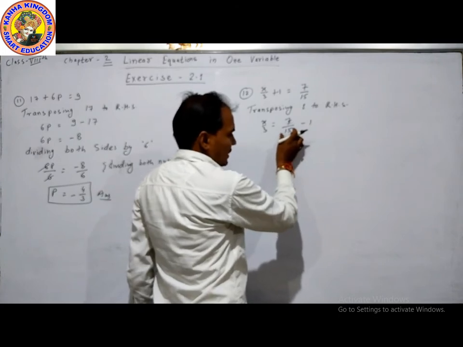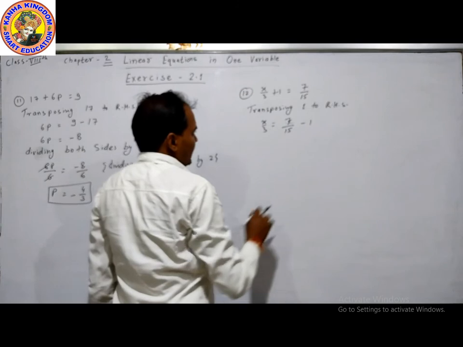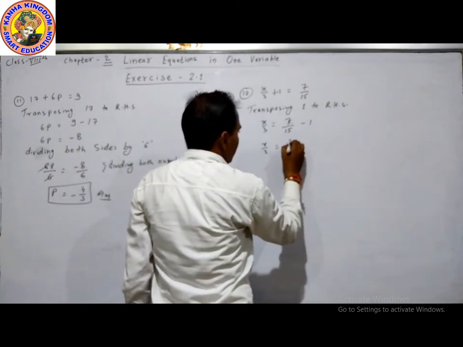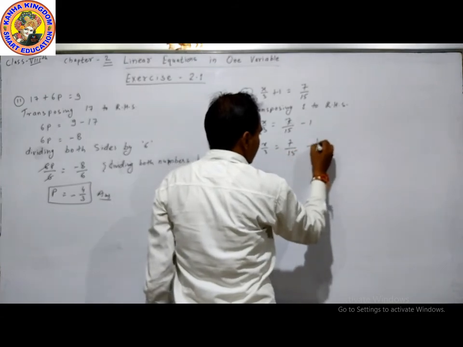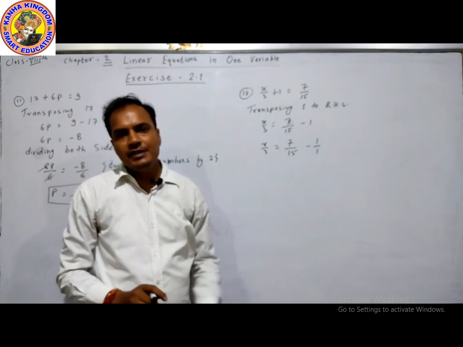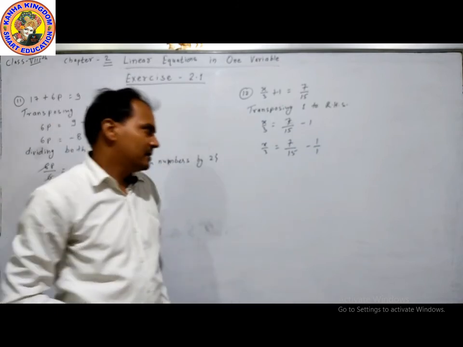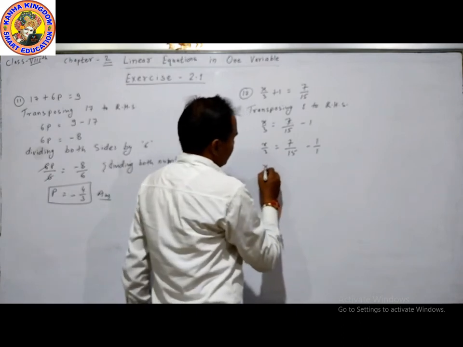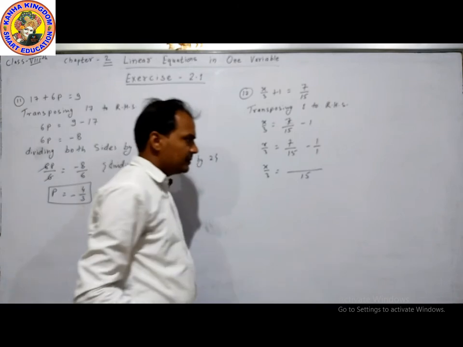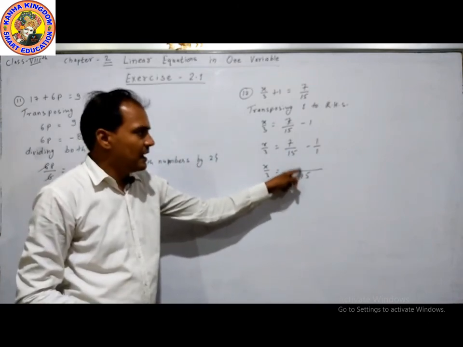This is a rational number, and this is an integer. We can change any integer into a rational number by dividing by 1, so this is 1 upon 1. Here we take the LCM of 15. 15 divided by 15 is 1, multiplied by 7.